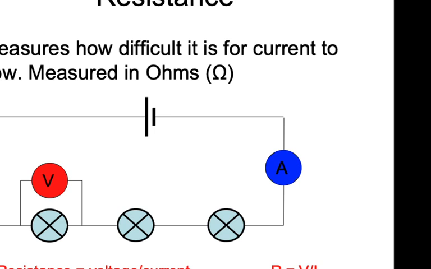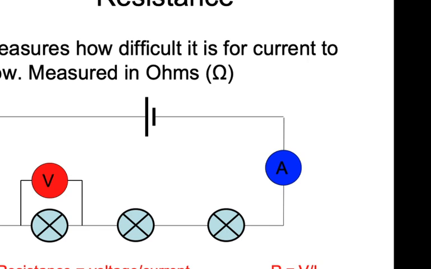Whereas if it's something a little bit less conductive, maybe even something like wood, then our electrons aren't going to be able to move as freely. They're going to experience more friction as they're passing through that. There's less room for the electrons to pass through.